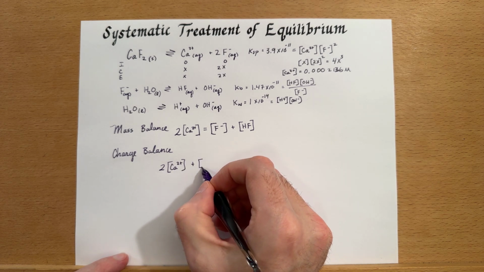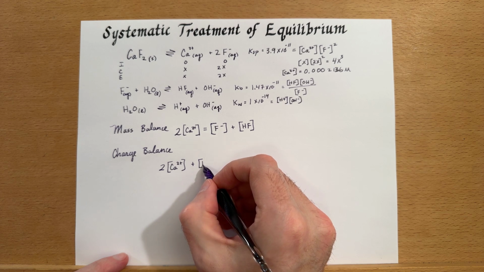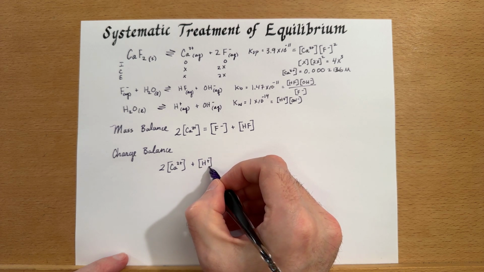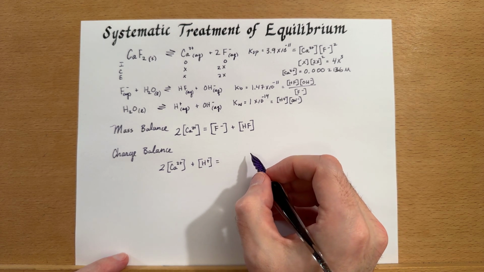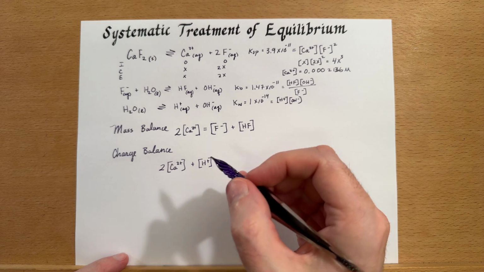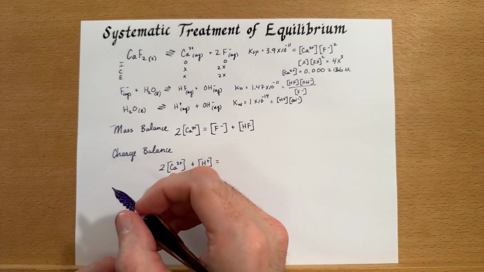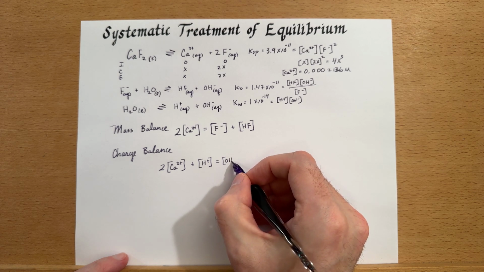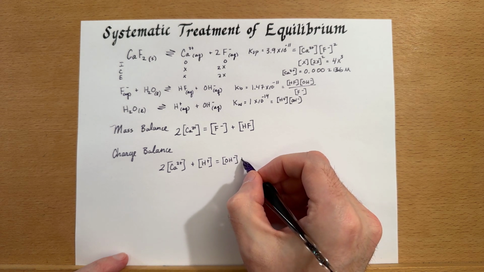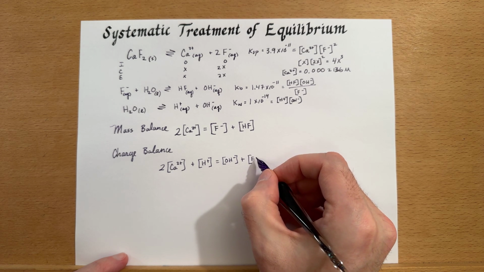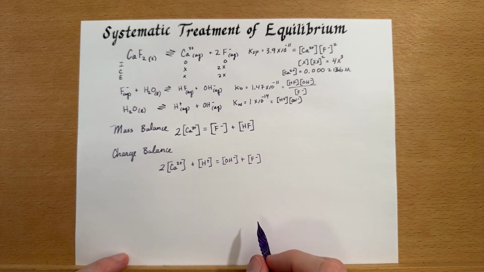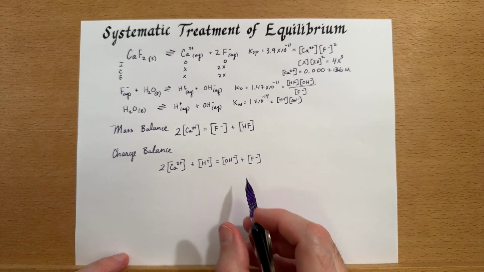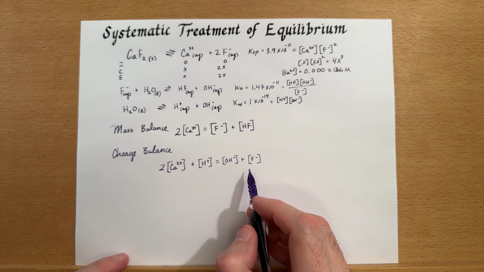And then we'll add up our other positive charges, which is H plus. And then we'll set that equal to all of the negative charges because the positive and the negative charges should be equal to each other. Now we have a mass balance and a charge balance equation.